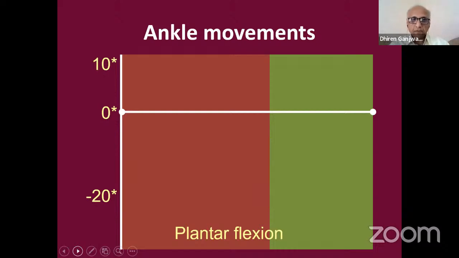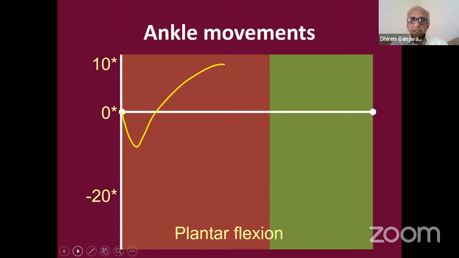So to begin with, the ankle is in a neutral position at the beginning of the gait cycle. Then there is a small amount of plantar flexion, around 7 to 10 degrees. After that, there is a reversal of the movement, and a dorsiflexion which reaches about 10 degrees of dorsiflexion.